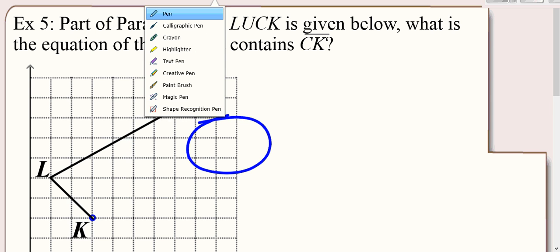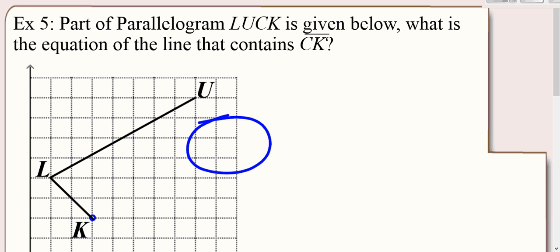Now, since it's a parallelogram, the lines have to be parallel, which means that this side is going to be the exact same as the side down here. So by doing that, you can see pretty easily where it's going to be.